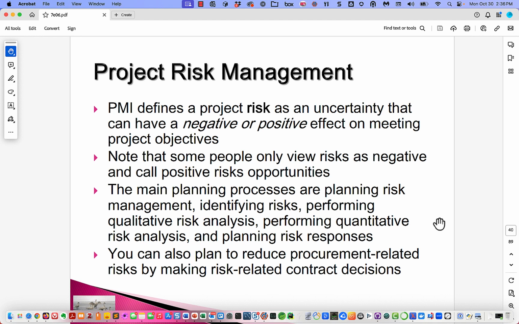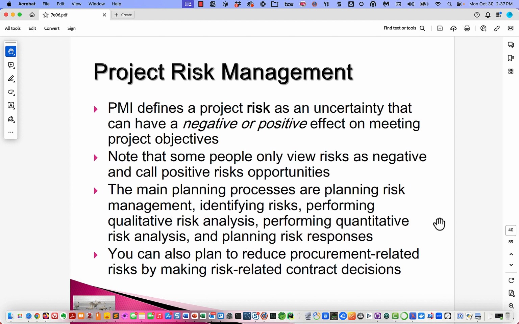So, PMI, in their wisdom, define a project risk as an uncertainty that can have a negative or positive effect on meeting project objectives. Note that some people only view risks as negative and call positive risks opportunities.